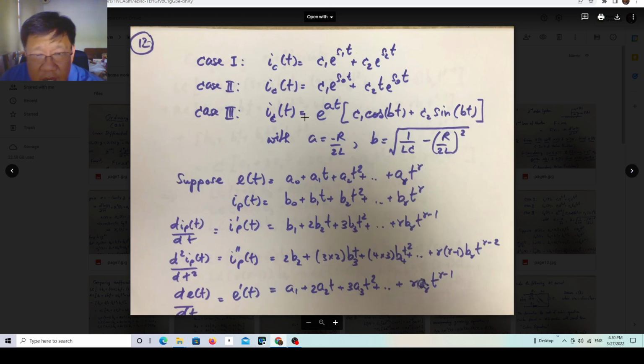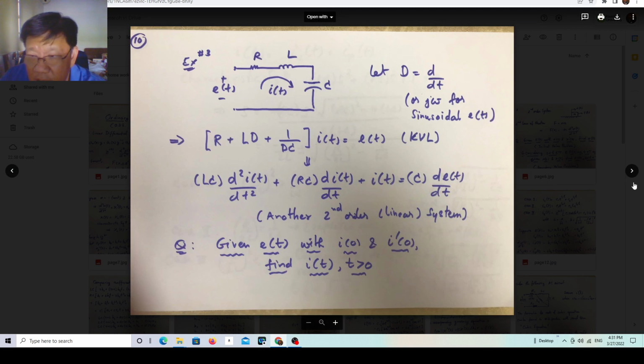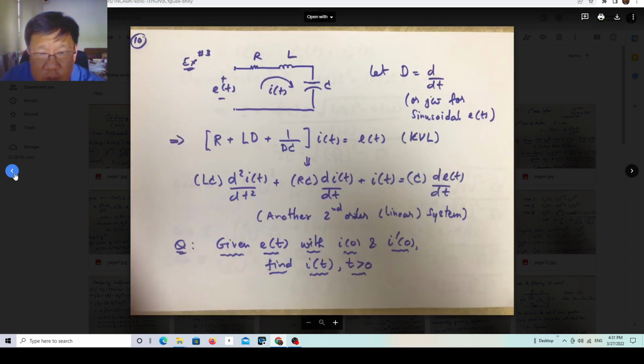And again, suppose that we get E(t), the input function, the voltage function over here, as an R order polynomial. As you observe from example 2, since in this case we have a zero order term on the left hand side, I(t), we have a zero order term.